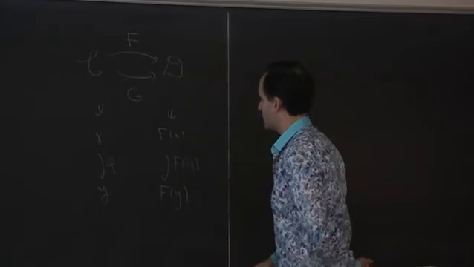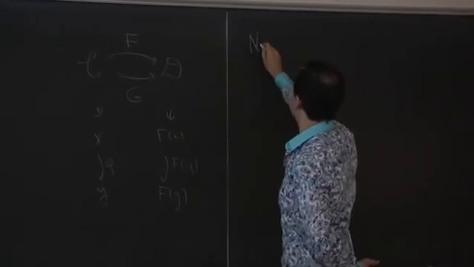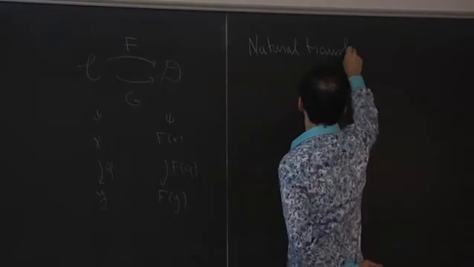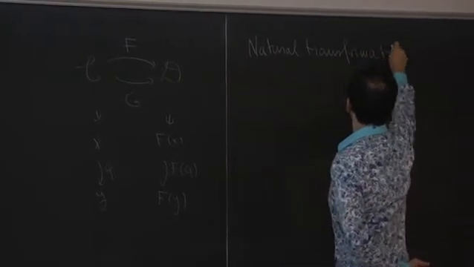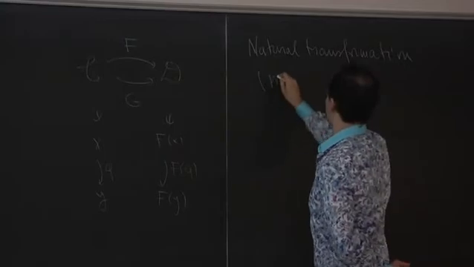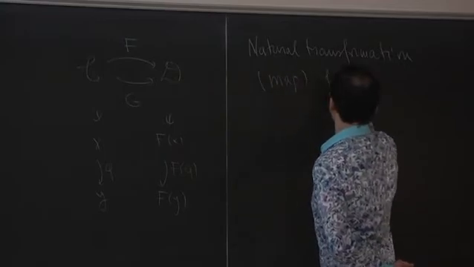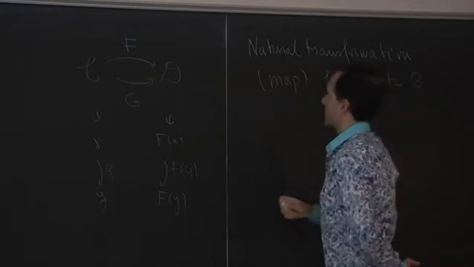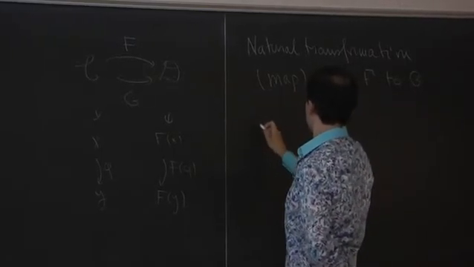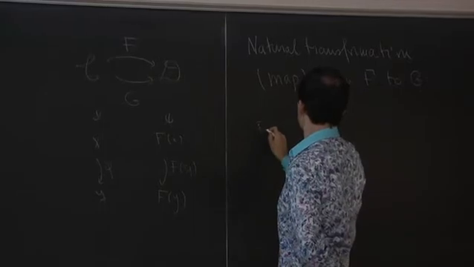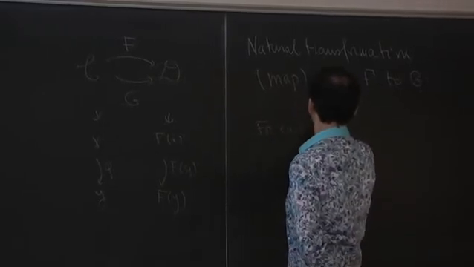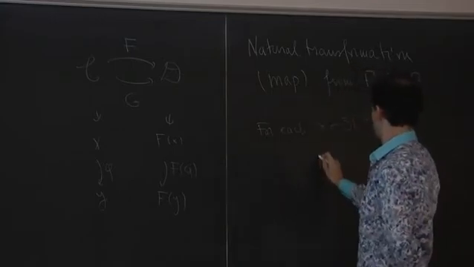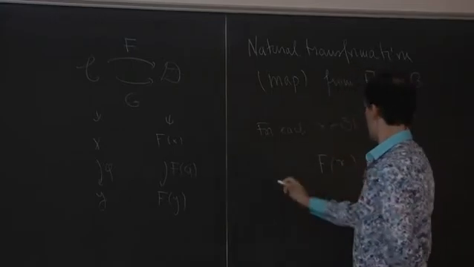You can have two such functors, and now there is the notion of a natural transformation, which you could also think of as a map from F to G. This is an assignment for each object in C. What do you do with an object?